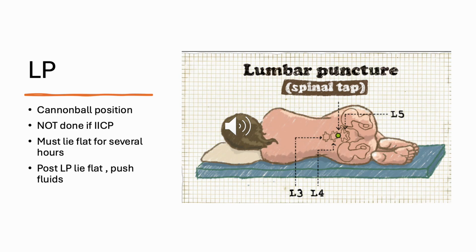The glucose level in your brain is about 60% of your blood glucose. So it's normal to have glucose in the cerebral spinal fluid, but it's going to be decreased if they have bacterial meningitis. And it'll also be cloudy, whereas viral meningitis presents with clear cerebral spinal fluid.